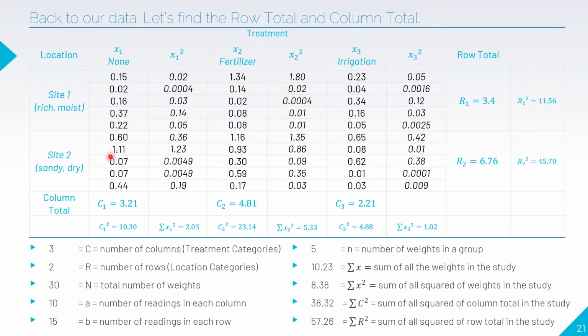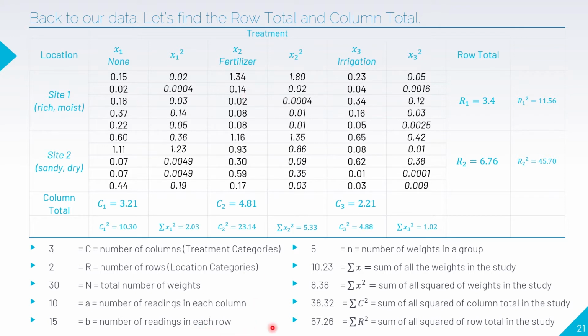We have 30 as our N. So, as I mentioned earlier, we have 10 in number of readings in each column. We have 10 here, 10 here, 10 here, and that is our A. While our B is the number of readings in each row. We have 15 since we have 5 here, 5 here, and 5 here. So 5 plus 5 plus 5, we have 15.